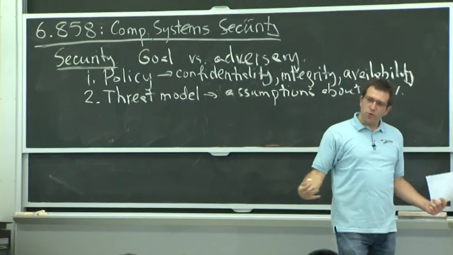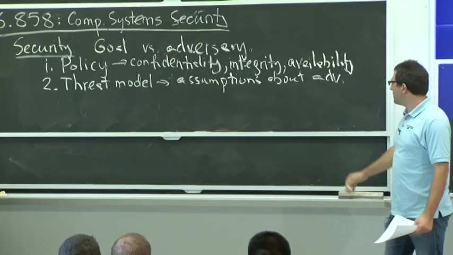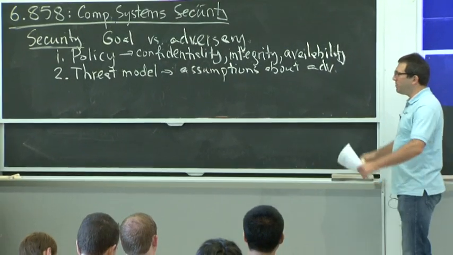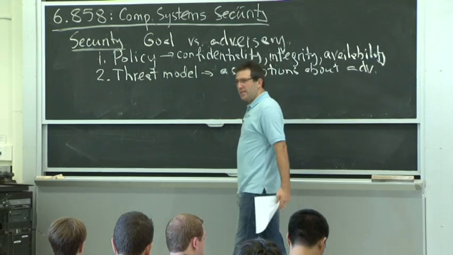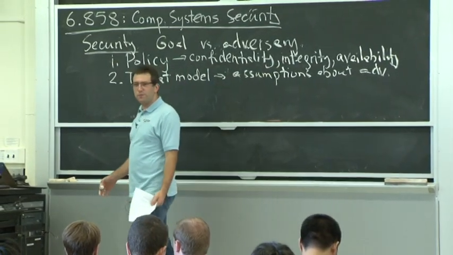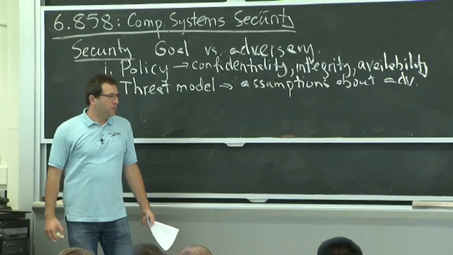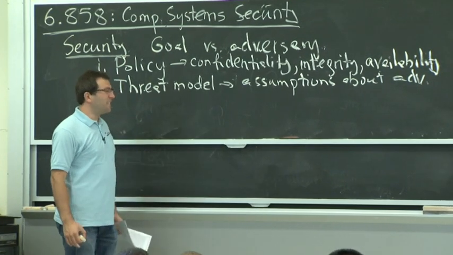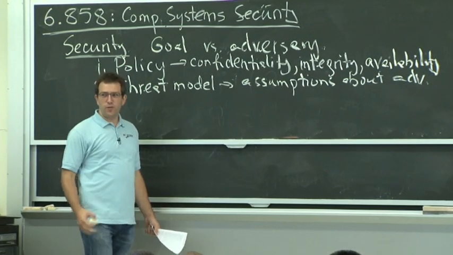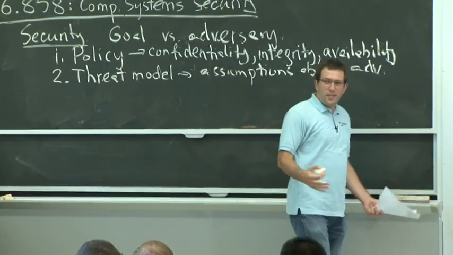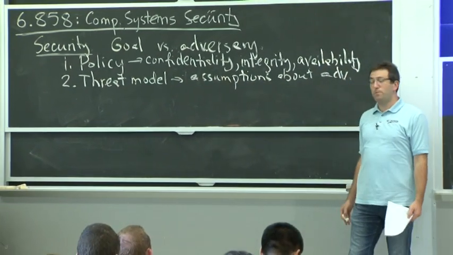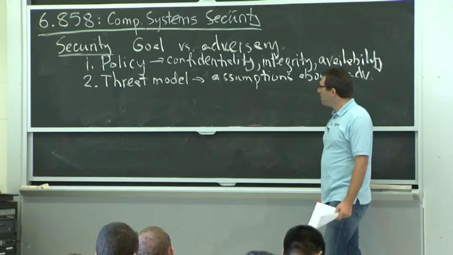It's important to have some assumptions about the bad guy, because if the bad guy is omnipresent and is everywhere at once and can do anything they want, it's going to be hard to achieve some semblance of security. So for example, you probably want to assume the bad guy doesn't exactly know your password, or they don't have physical access to your phone and your keys and your laptop. Otherwise, it's going to be hard to make some sort of progress in this game.